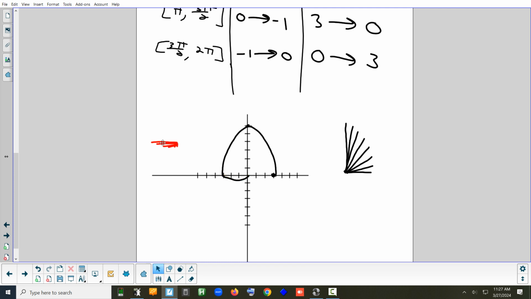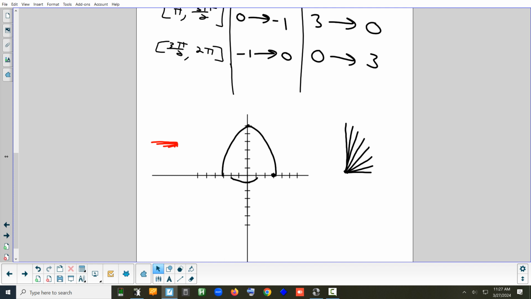All right. And now what happens in quadrant 4? The radius goes from what to what? 0 to 3. It goes from 0 to 3. So how is this side going to compare to this one? I think the same thing. Yeah, it's going to just be kind of like a mirror image of it.